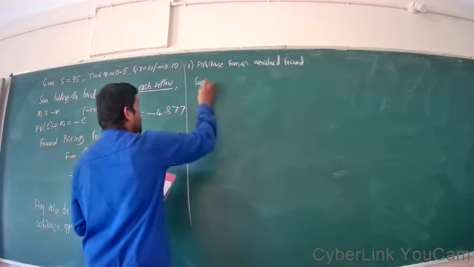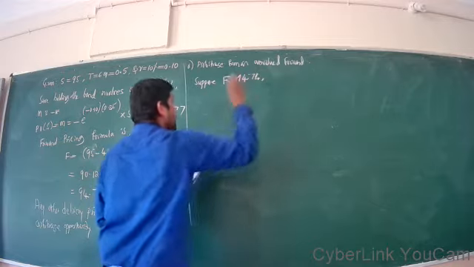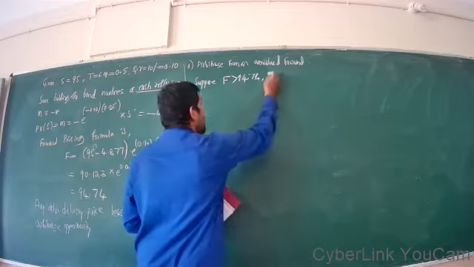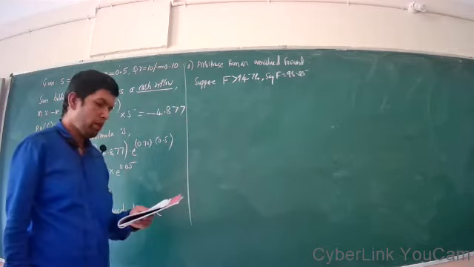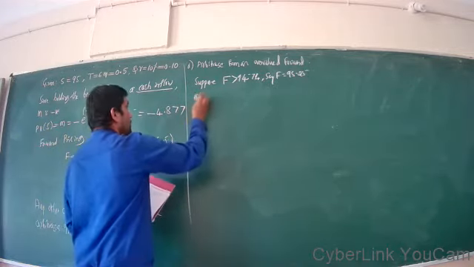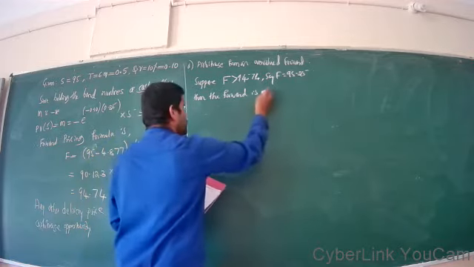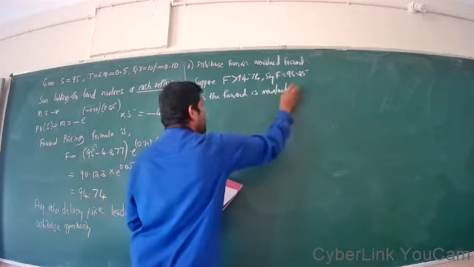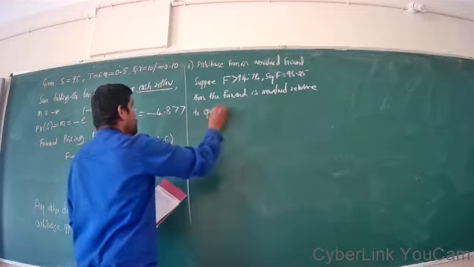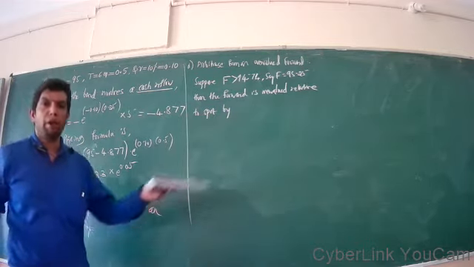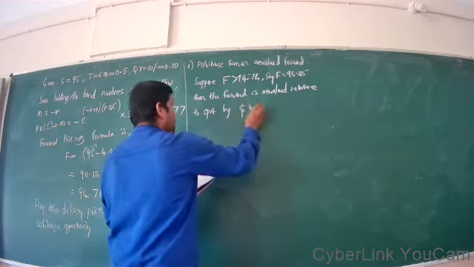Suppose F equals 95.25, then the forward is overvalued relative to spot by the difference between 95.25 and 94.74, and that gives $0.51.